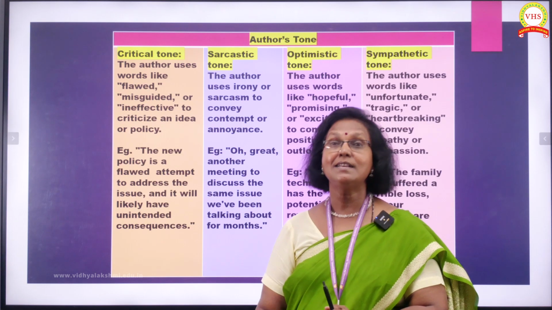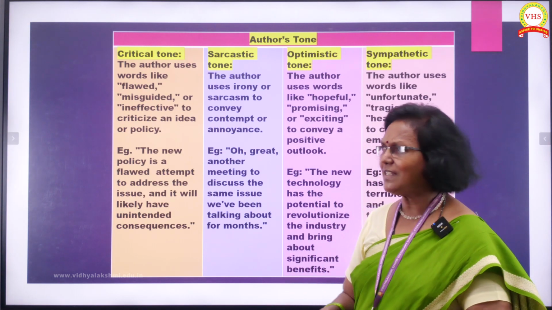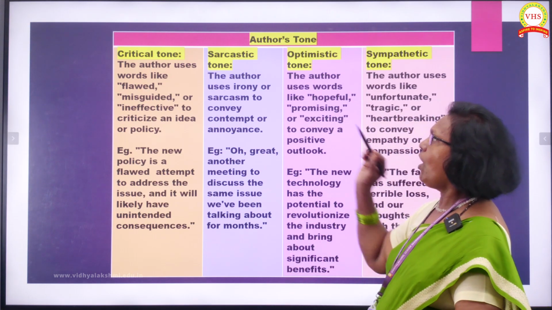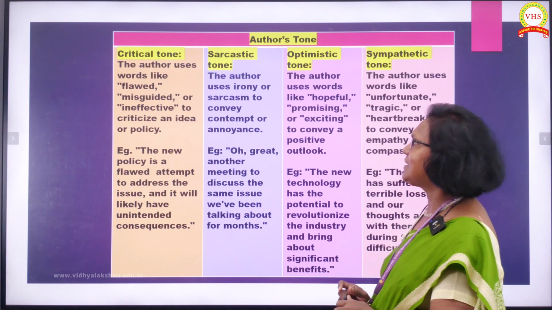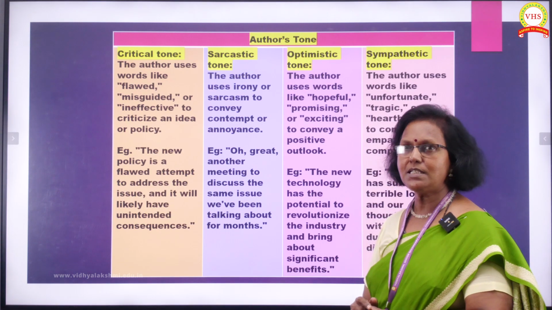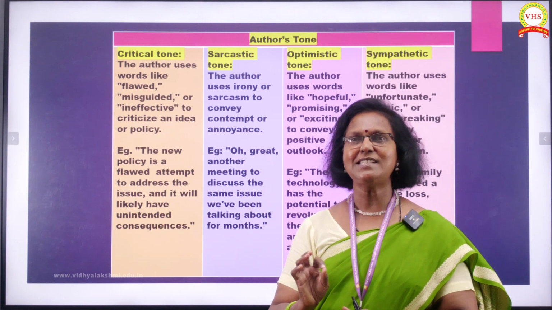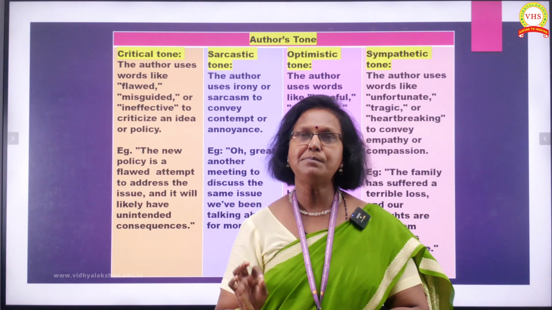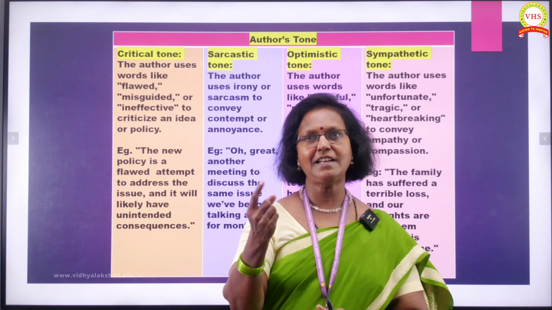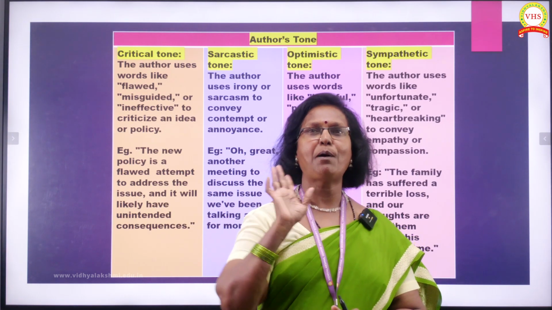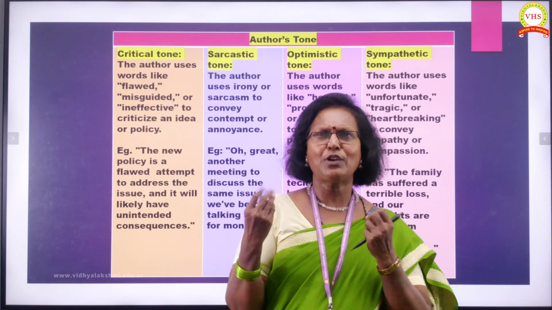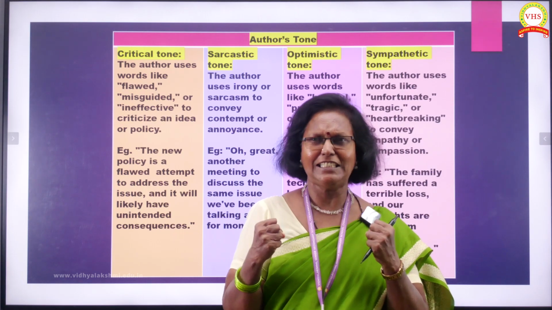The next one is sarcastic. What is sarcastic tone? The author uses irony or sarcasm to convey contempt or annoyance. I tell my students this in a very simple way: to tell positive things in a negative way, negative things in a positive way. Why? To show your anger, to show that I'm angry.